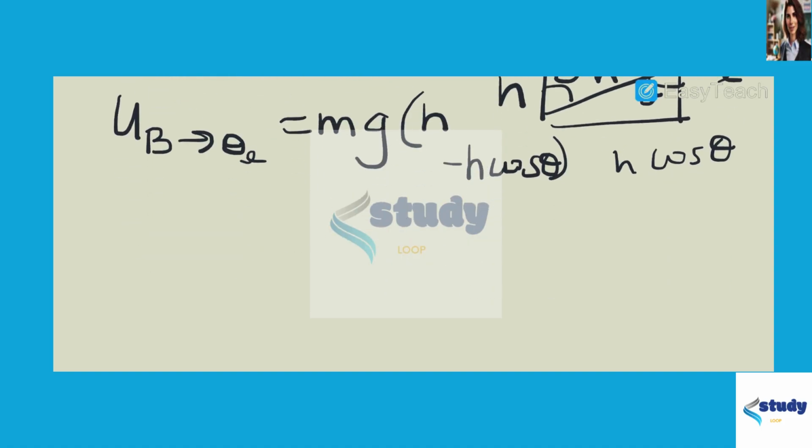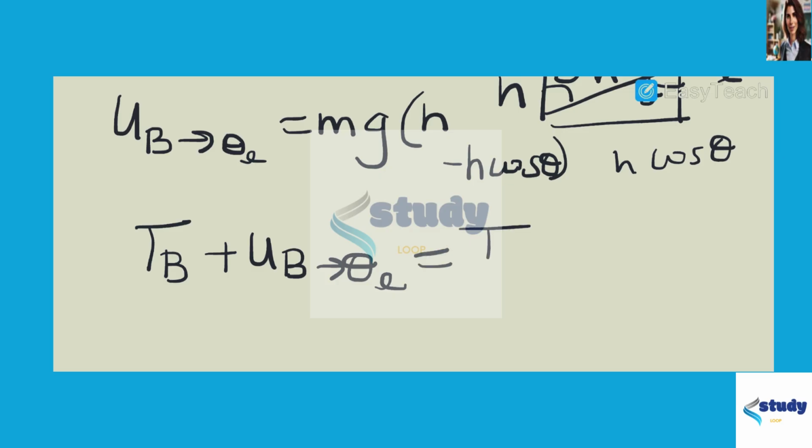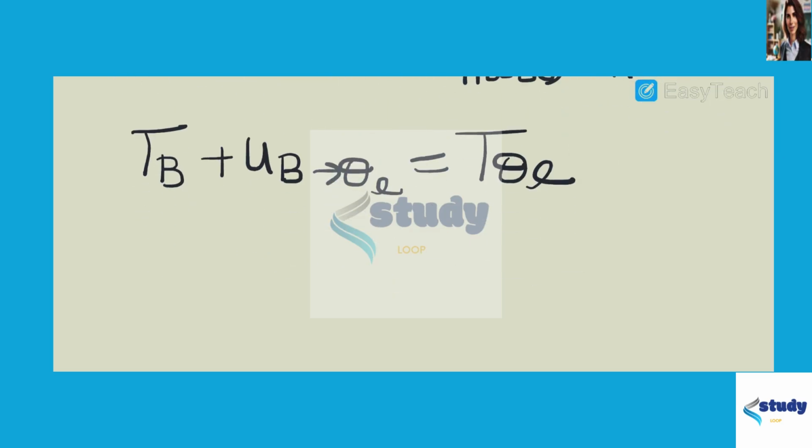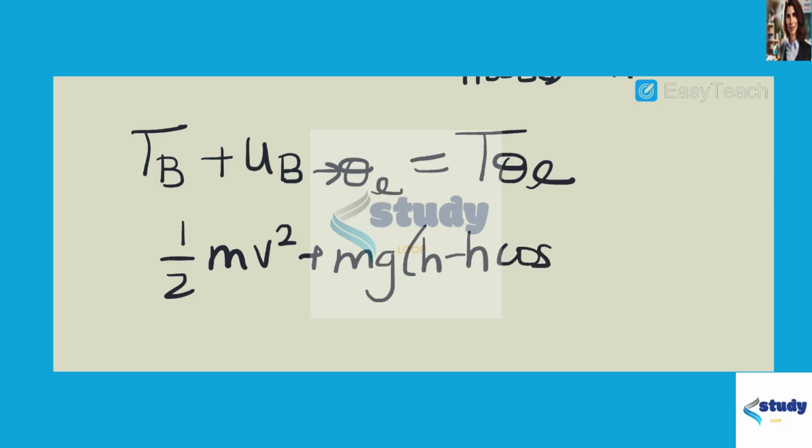So we know that the kinetic energy at the beginning added with the work from B to theta L will be equal to the kinetic energy at theta L. Plugging in, the kinetic energy at B is 1/2 mv squared plus the work, which is mg times h minus h cosine theta, and that is equal to 1/2 m vf squared.